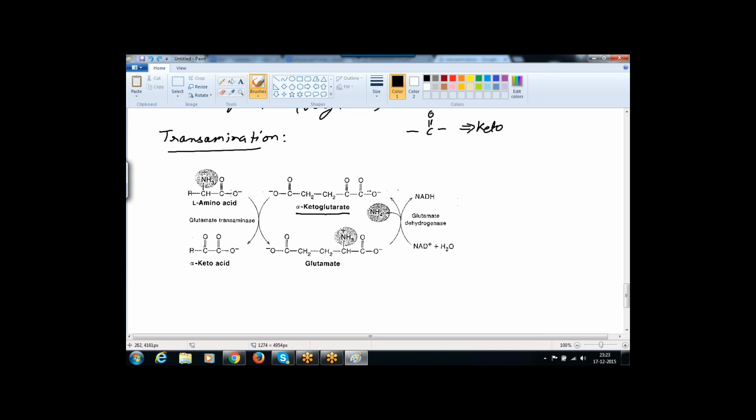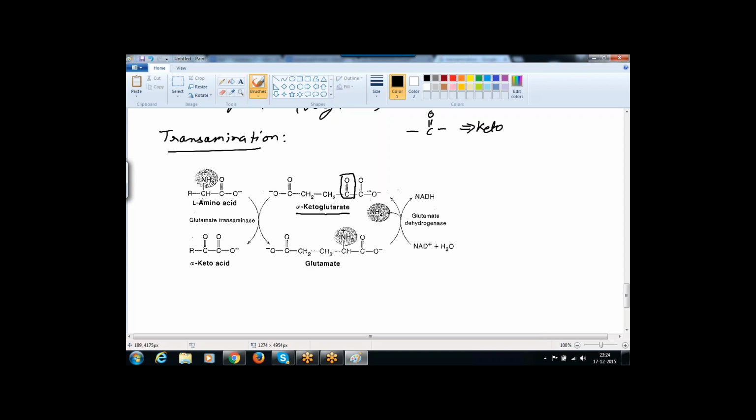What happens is these two compounds exchange the amino and the keto group. This is the keto group. The amino group is already highlighted. So they both exchange such that the amino group comes here and the keto group goes here.